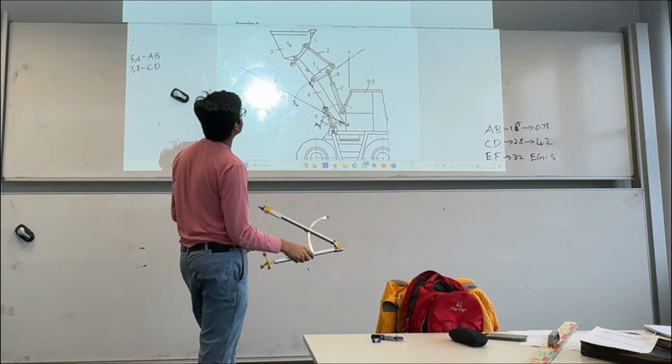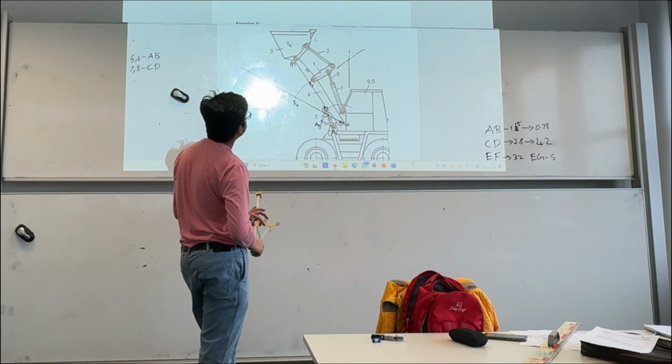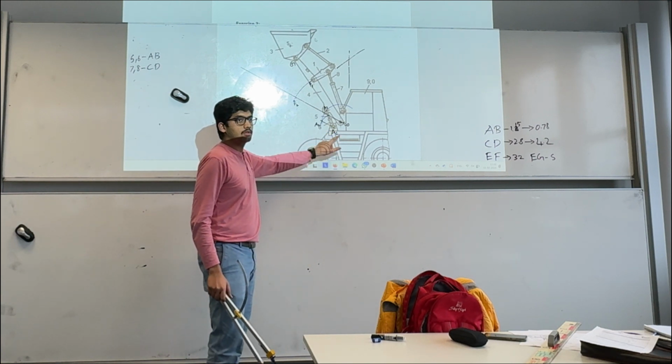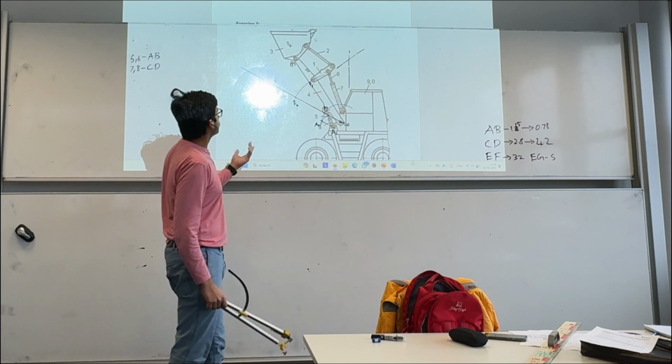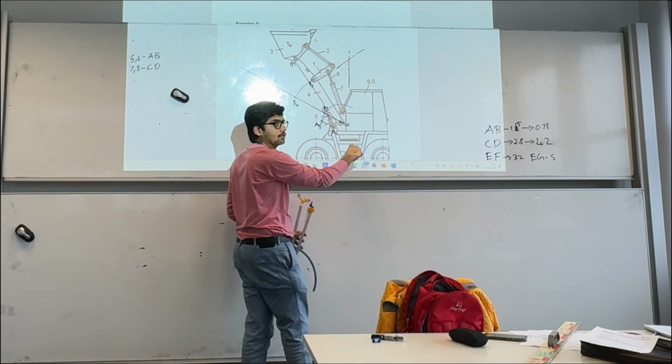Why did I choose A1, A0? This is A0. My aim here is to try to draw the upper line of the beam.